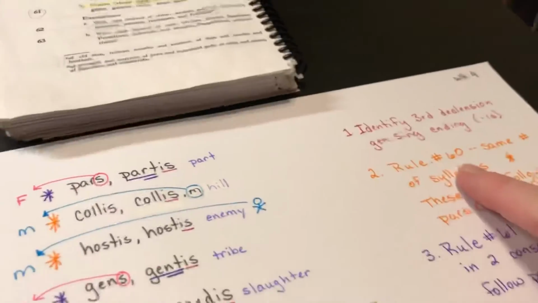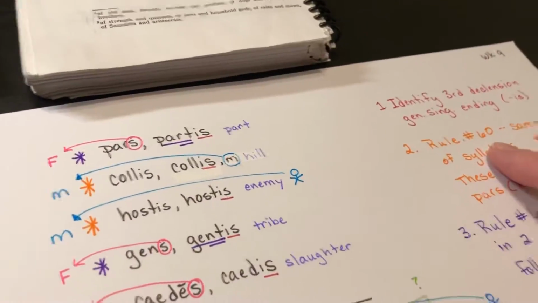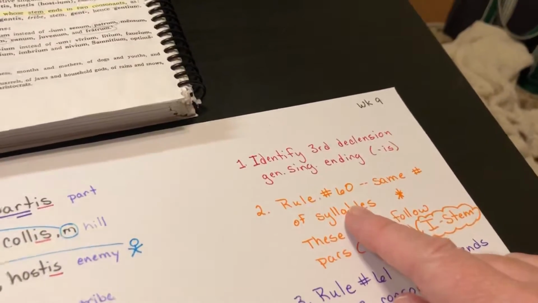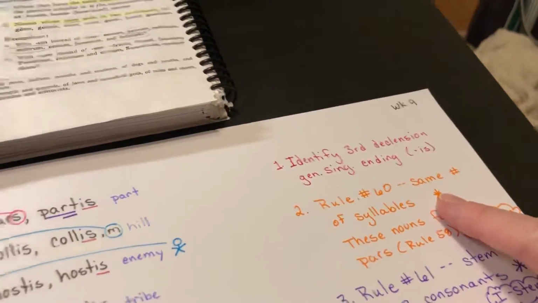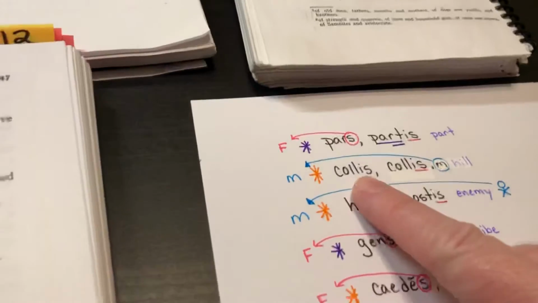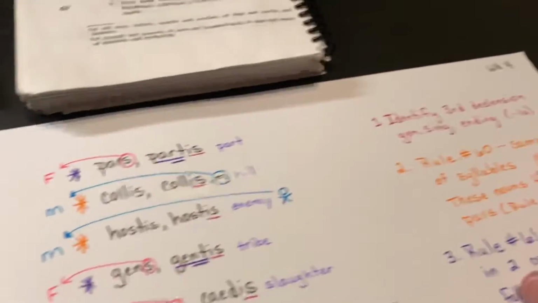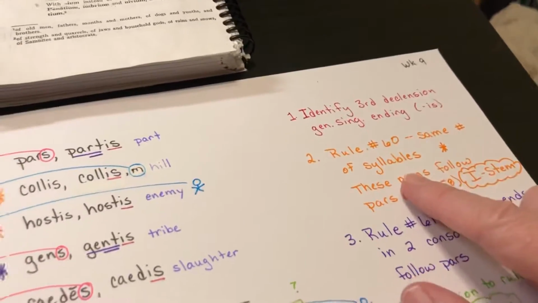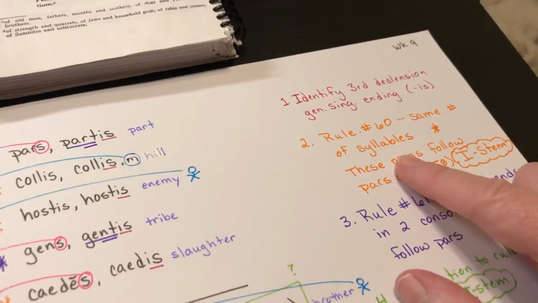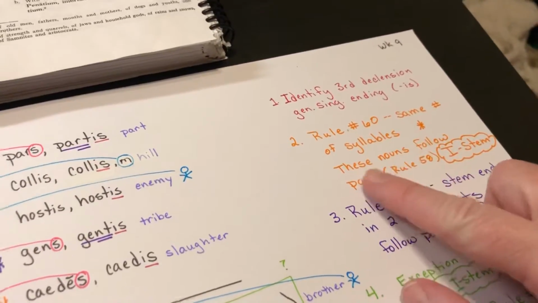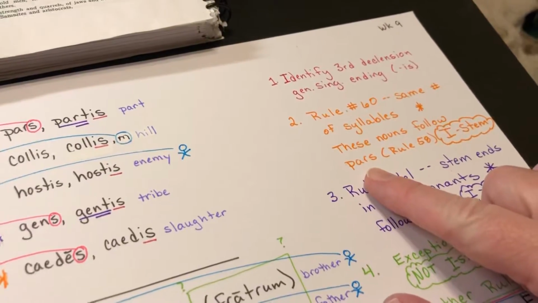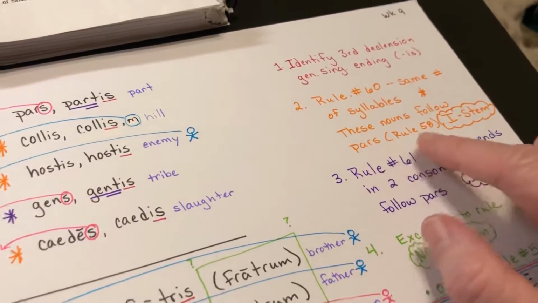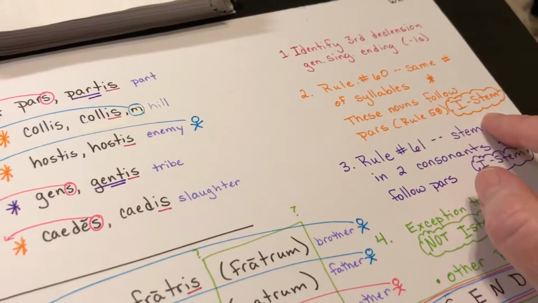So anyway, rule 60, basically what rule 60 is asking us to do is identify if the 2 nouns, meaning the nominative singular and the genitive singular, have the same number of syllables. If they have the same number of syllables, they are going to follow the model noun pars, which is rule 58, and we call it I stem.